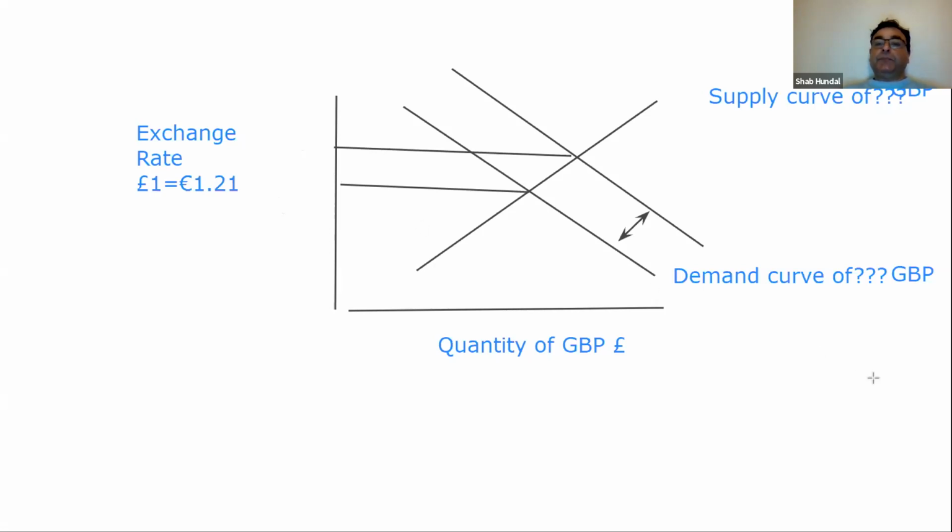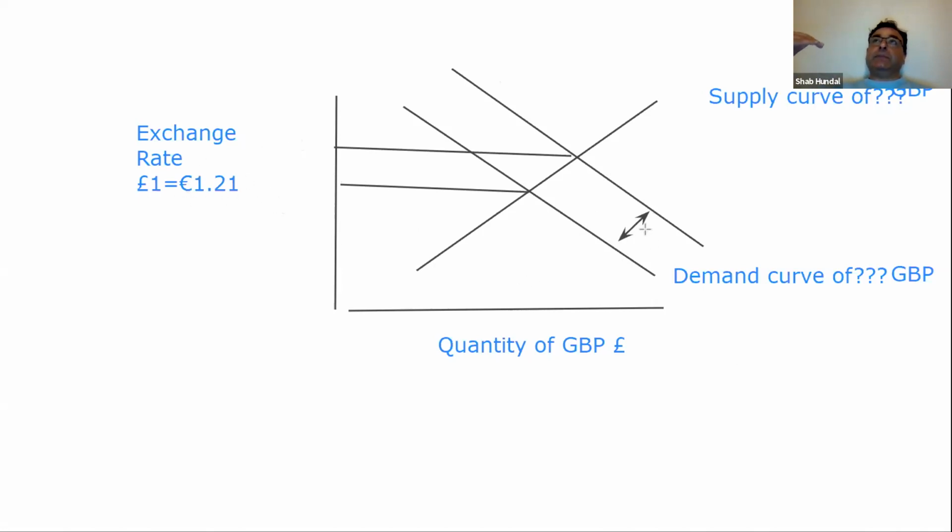And in the same way, if the pound demand shifts downwards, there's more pessimism. Maybe after Brexit, Britain is no longer a very sought after economy for the foreign investor. And as a result, the demand for pounds can go down, and the rate of exchange can go down.